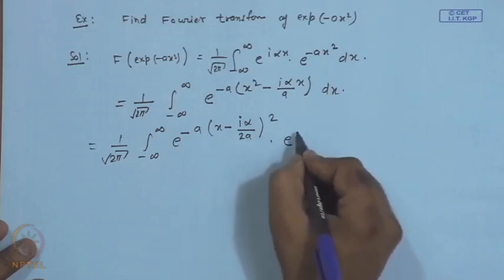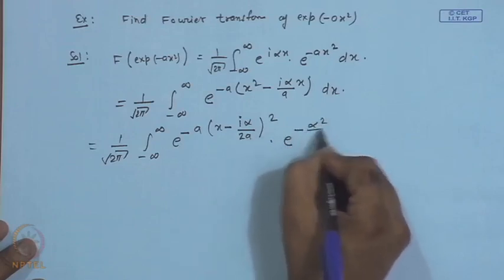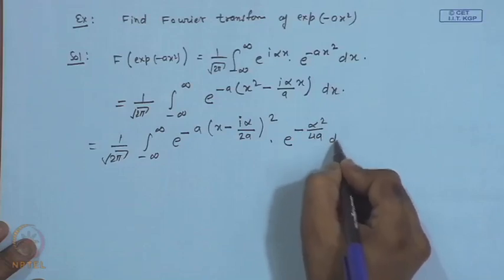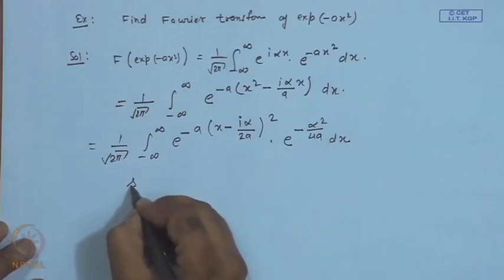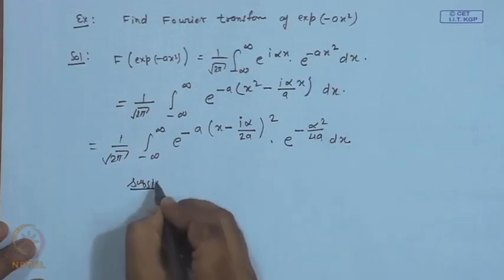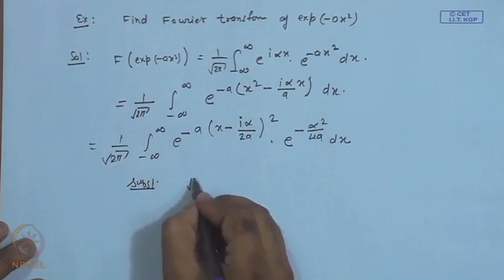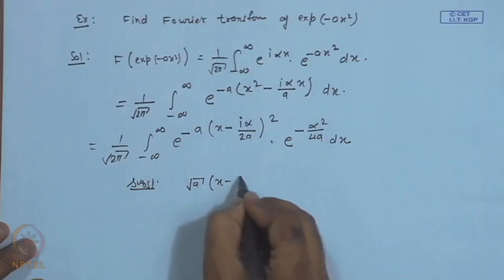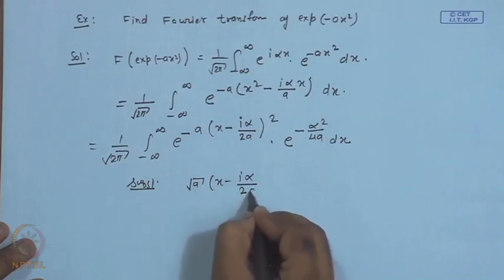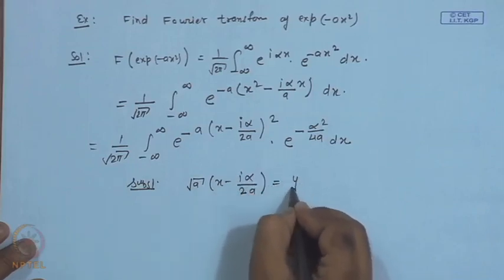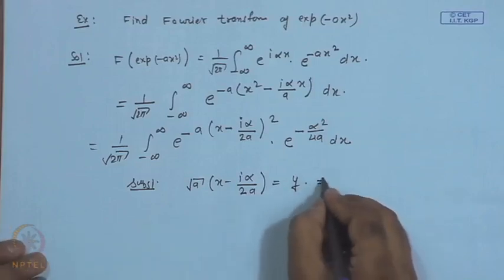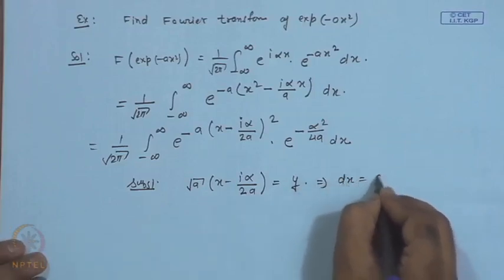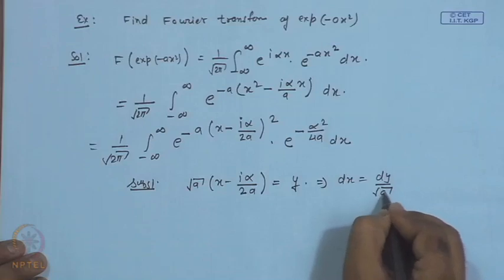So then we have to subtract that alpha square over 4a, and dx. Now we can substitute this so that we have here whole square. So square root a times (x minus i alpha over 2a), we put it as y, so that we have dx is dy over square root a.